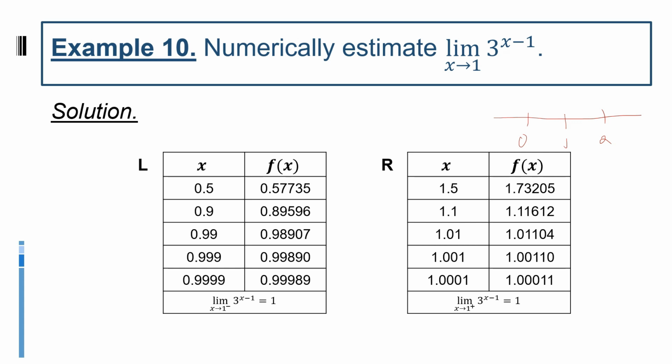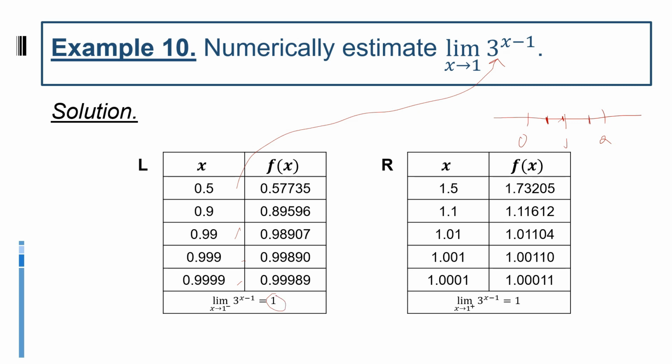Then, gamit tayo ng values na malapit kay 1 from the left, we have 0.5. Plugging in, we have 0.57735. Mas palapitin pa natin, 0.9, that is 0.89596. Up to 0.999, that will give us 0.99989. Observe that yung limit natin approaches 1 from the left.